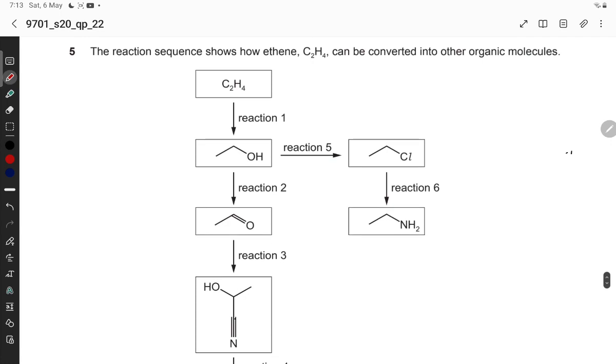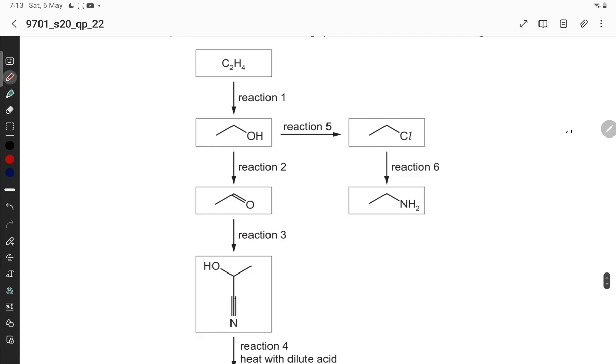The reaction sequence shows how ethene can be converted into other organic molecules. C2H4 to alcohol. This is addition reaction, addition of steam, with H3PO4 catalyst, 60 atmospheric pressure and 300 degrees centigrade.